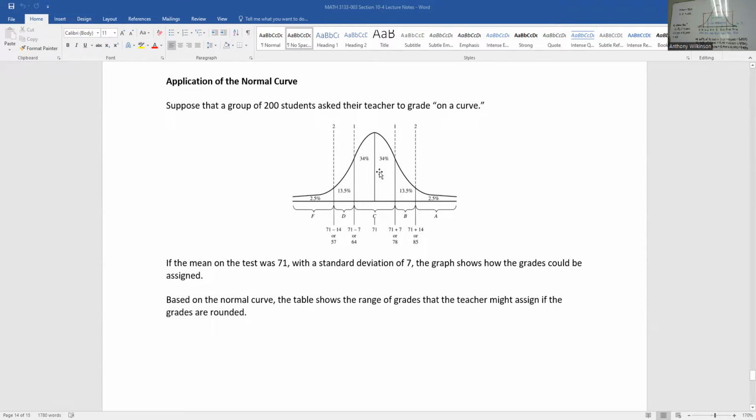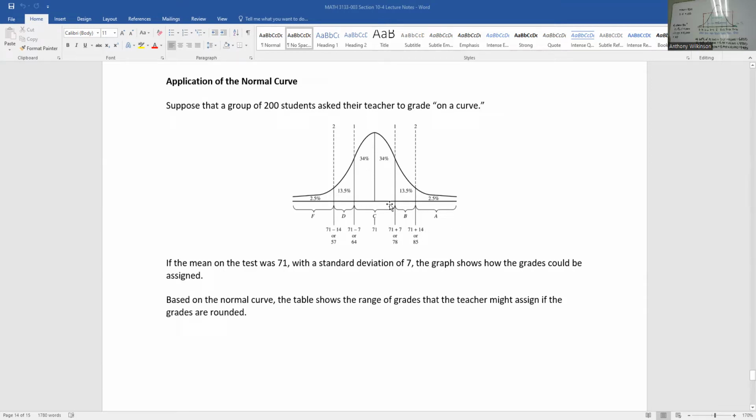What that means is they have to take the average of all the grades of those students, and then use that normal curve. They have to look at the mean and the standard deviation to do this. So let's say the mean on a test was 71 with a standard deviation of 7. The graph shows how the grades could be assigned.